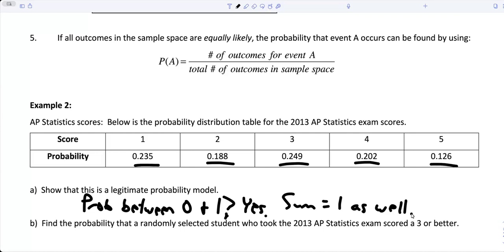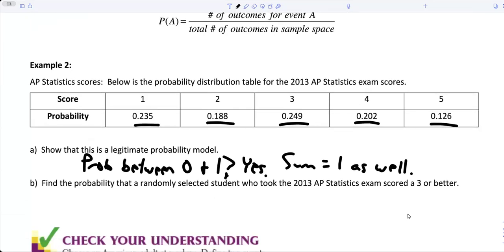Well, part B says find the probability that a randomly selected student who took the 2013 AP Stats exam scored a 3 or better. So how are we going to do that? Well, first, are the events mutually exclusive? Yes, because we're not going to score a 3 and a 4 at the same time.